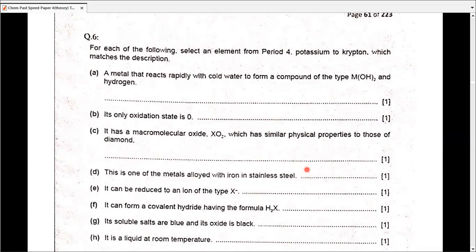For each of the following, select an element from period 4, potassium to krypton, which matches the description. A metal that reacts rapidly with cold water to form a compound of the type MOH and hydrogen.